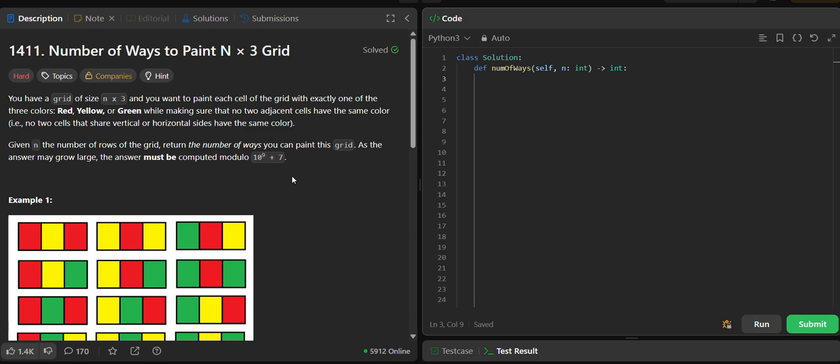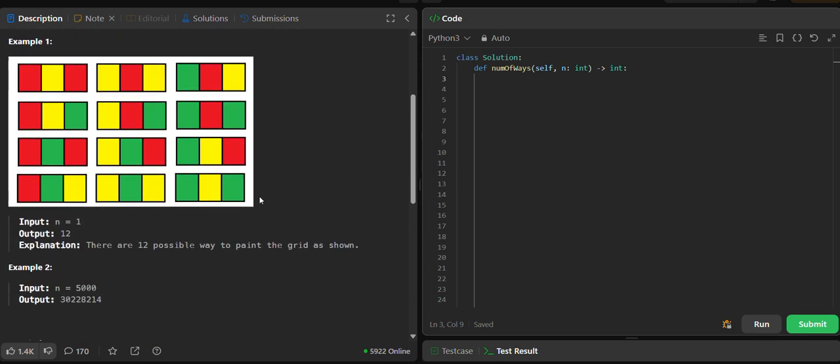Those colors are red, yellow and green. And the condition is no two adjacent cells, whether horizontally or vertically, have the same color. Now we have to return the number of ways we can paint the grid, and the answer may grow large, so we have to compute it using modulo 10 to the power 9 plus 7.